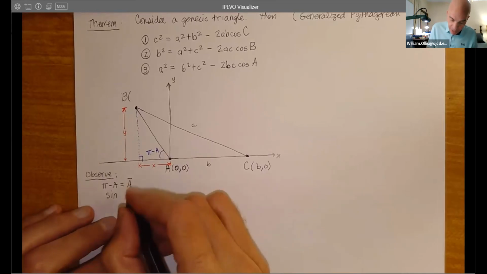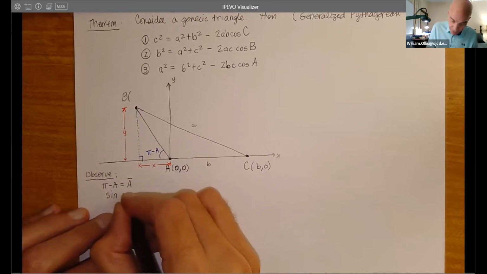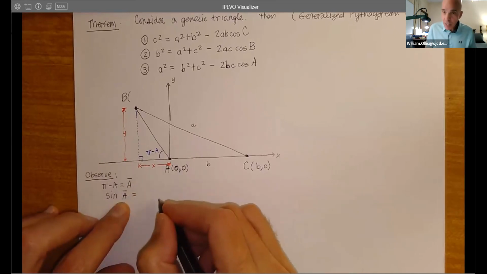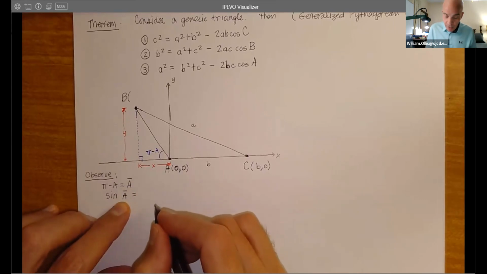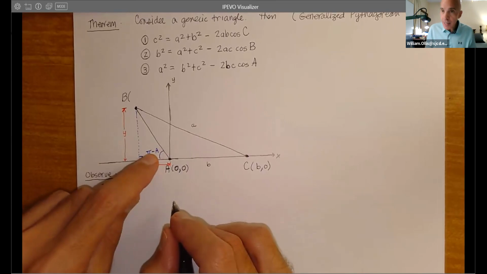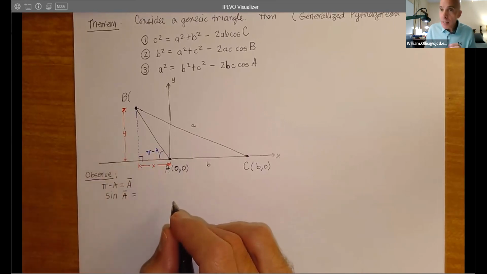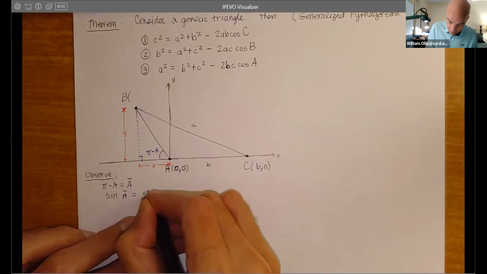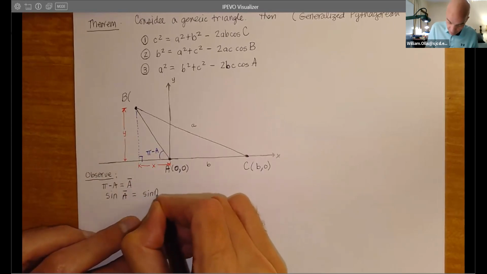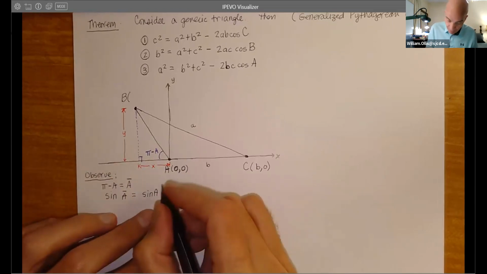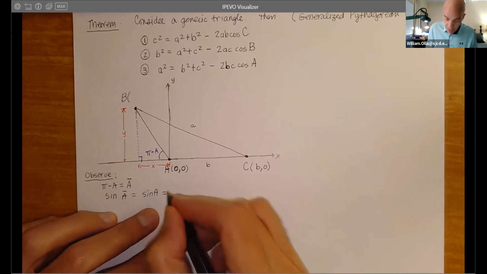So now we see, okay, well, sine, in this case, of A hat or A bar, that's going to be equal to sine of A, because in the second quadrant, the sign, the Y, is positive. So this is also sine of A. And then what is this?